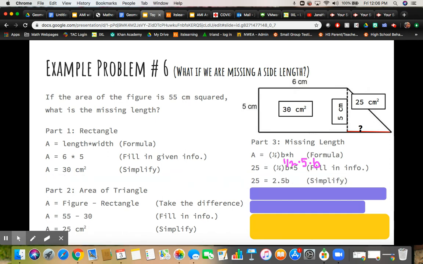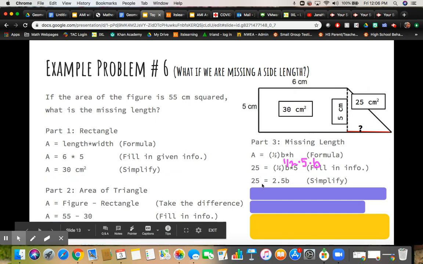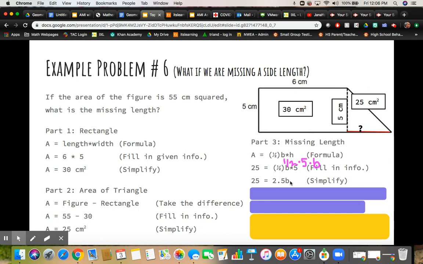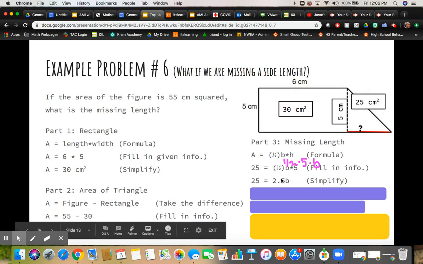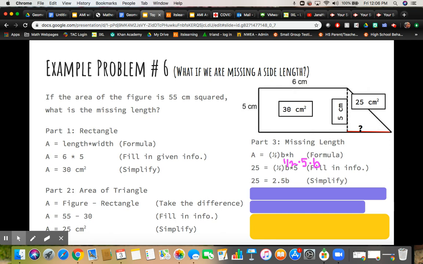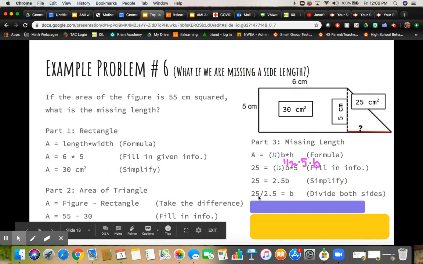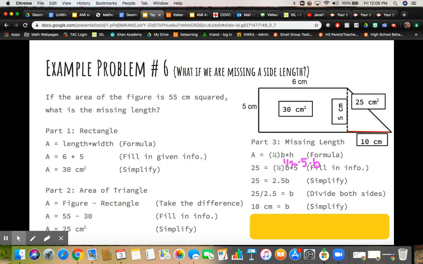Half of 5 is just 2.5. So I have 25 is equal to 2.5 times b. I just want to know what 1b is equal to, so I'm going to divide both sides by 2.5. When I simplify 25 divided by 2.5, I'm given that my base is equal to 10 centimeters. So once again, another sentence, here we go. The missing length of the figure is 10 centimeters.